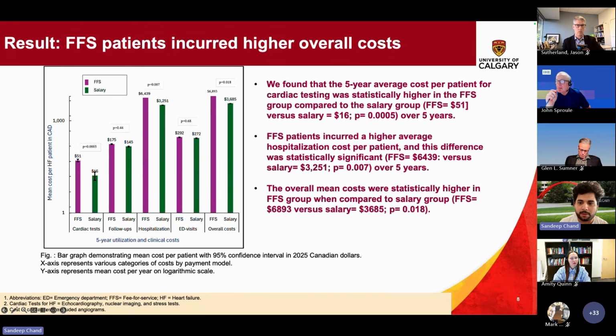Hospitalization cost about $6,400 per patient versus $3,250. This is the difference that actually moves the total. The overall cost was roughly $6,900 versus $3,700, close to double. Follow-up visits and emergency visits showed no difference. So the overall gap is driven by testing and mostly by the hospitalization cost.